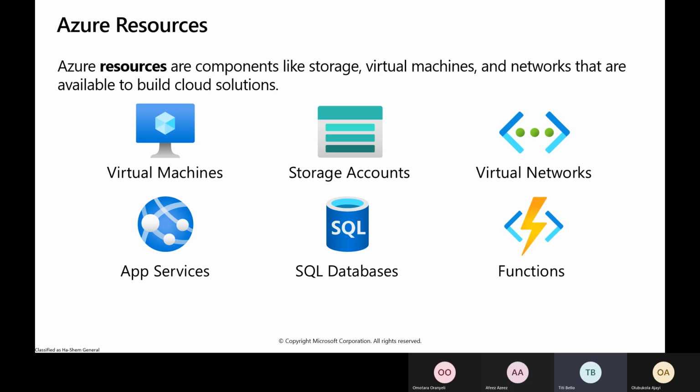If you're familiar with Windows Server, one of the roles on Windows Server is IIS. So app service uses IIS to host whatever application you want to host. Another resource is Azure Function. We'll talk about it. Then Azure databases.